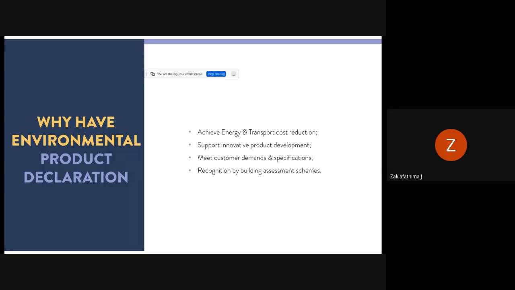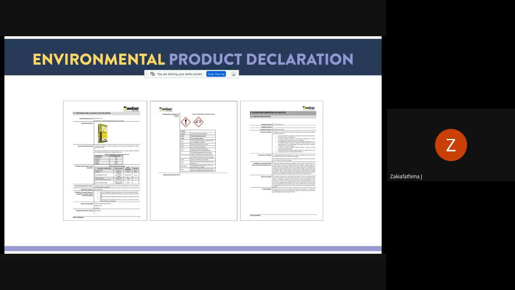Like I was explaining before, because all your steps are going to be transparent to your consumers, and every single step is going to be mentioned in your documentation, it is easy for somebody else to come up with ways to reduce the cost or cut down any of the processes. It also meets the demands of your customers and specification, and it's recognized by your building assessment team.